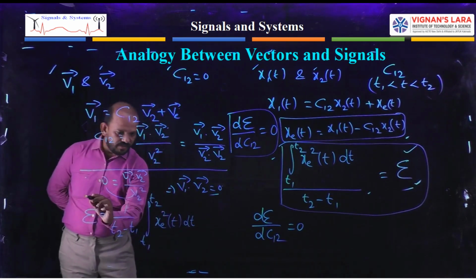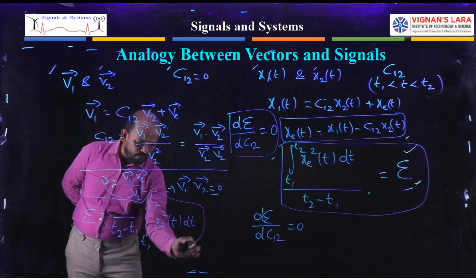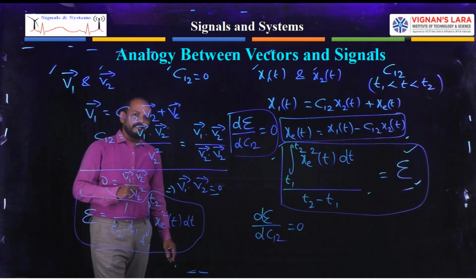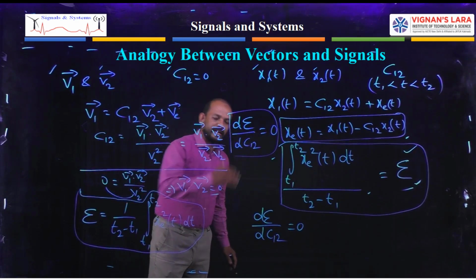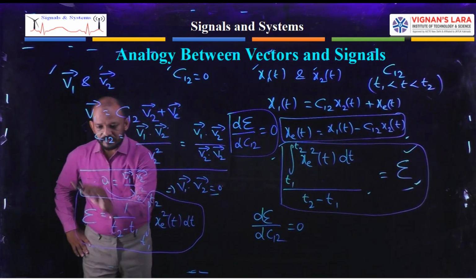So this is the equation. Remember it. This is the equation for the mean square error of the signal, the average of the squared error, or the mean square of the error.